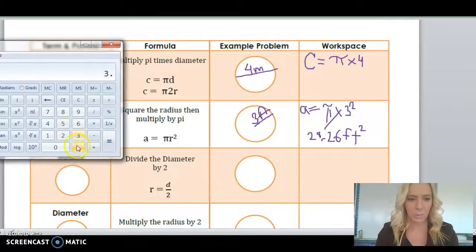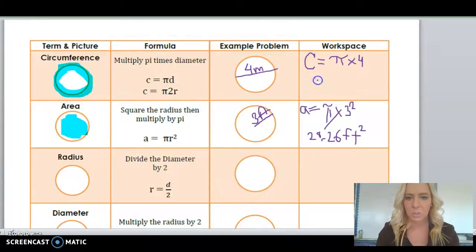So let's take 3.14 times the diameter, which is 4, which equals 12.56 meters.